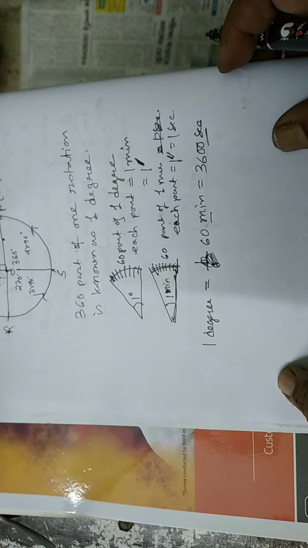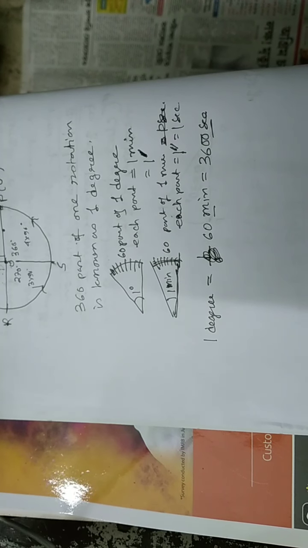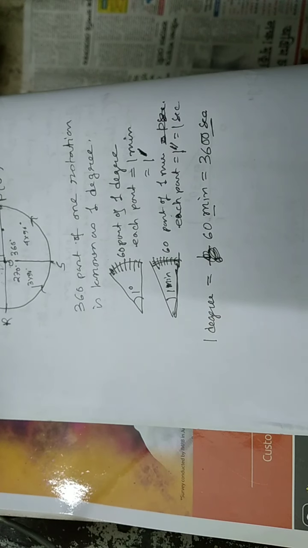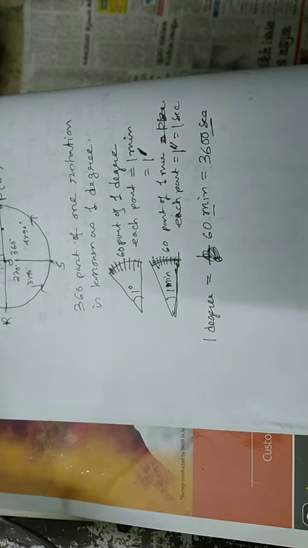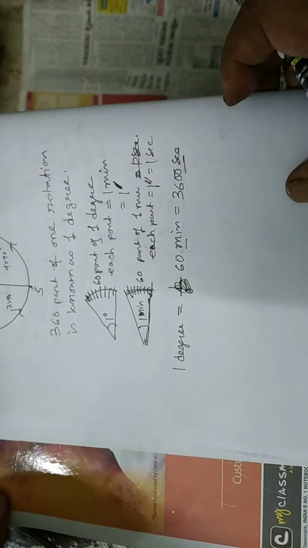This is almost same because in very ancient time the time and the angle both were taken as very near relation, but now we convert degree into some other unit.